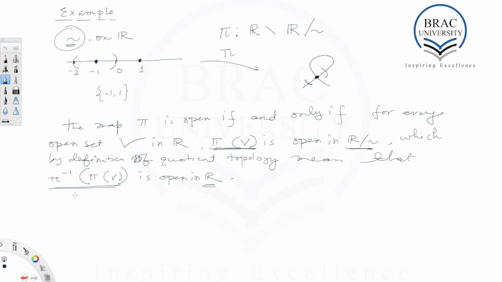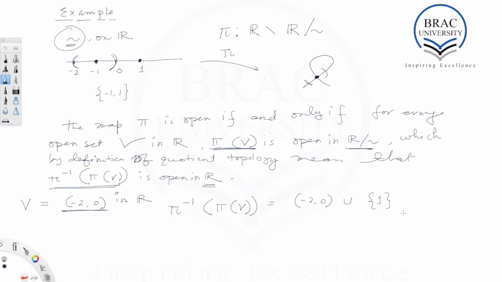So we are going to choose -2, 0 in R, this open interval. Then we immediately see that the pre-image of pi V, where V is -2, 0, is equal to -2, 0 union a new isolated point 1. Why?